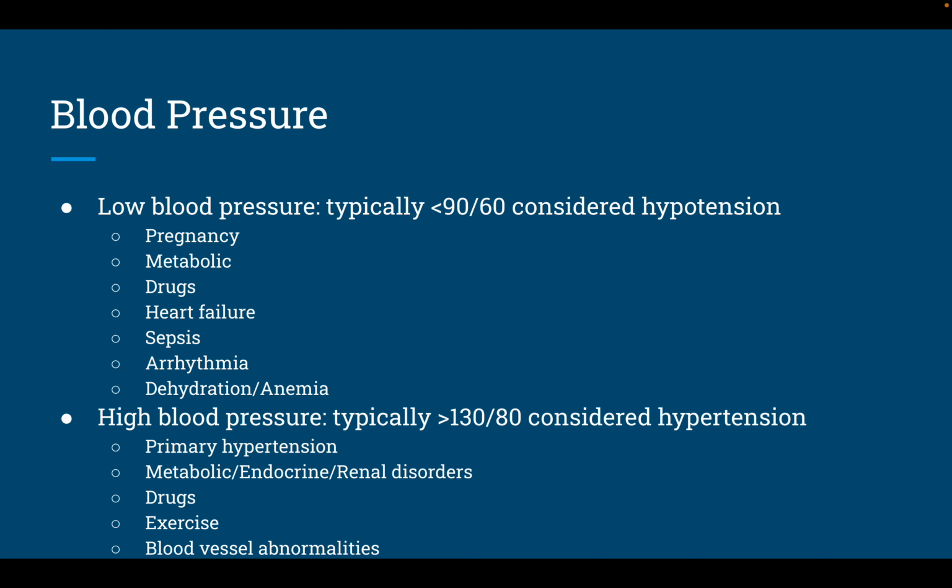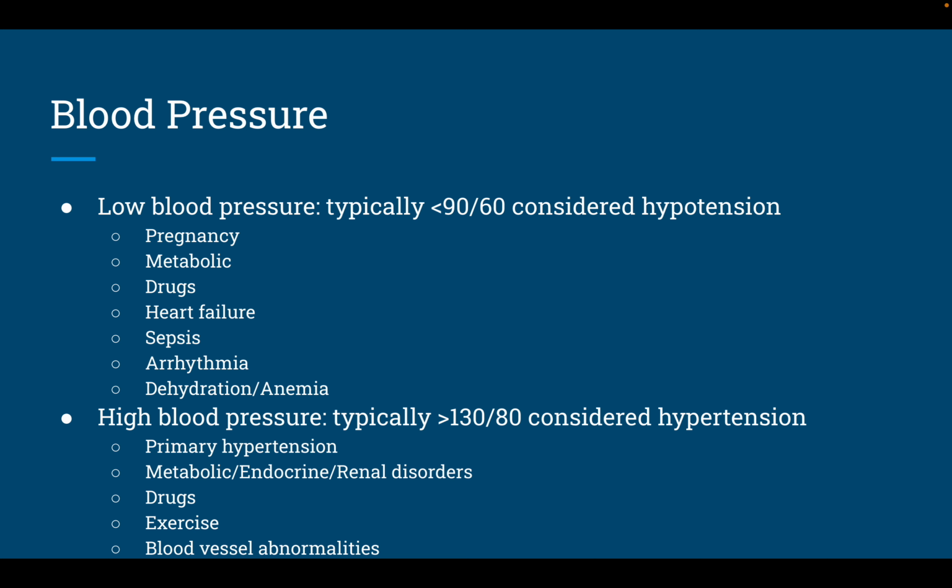Could it be an underlying kidney disease, issues with the adrenal glands, things like Cushing's disease, metabolic issues like thyroid concerns, or drugs like stimulant medications, or estrogen in a hormonal contraceptive.